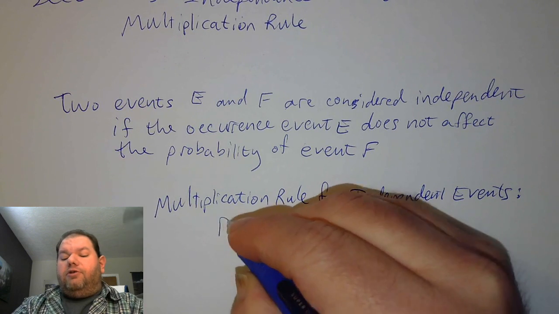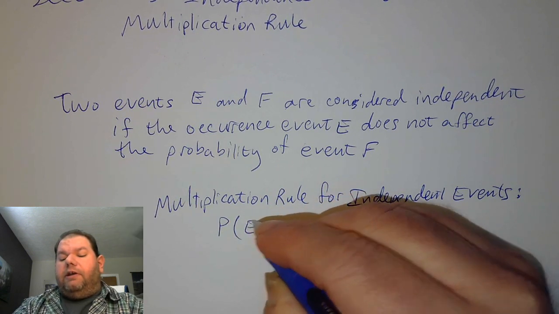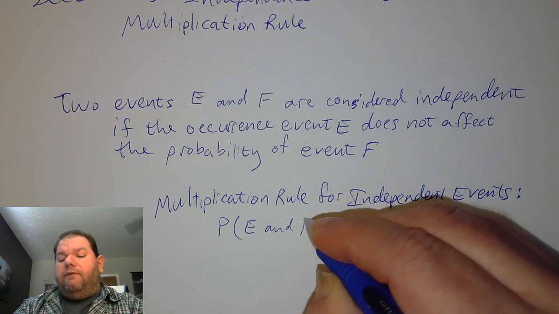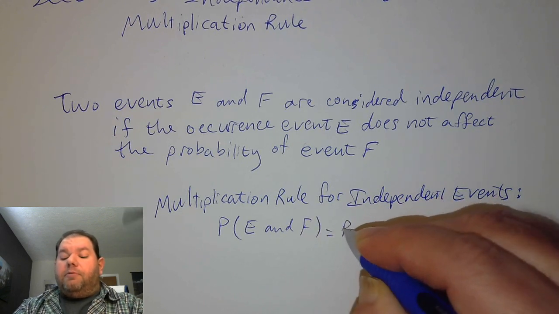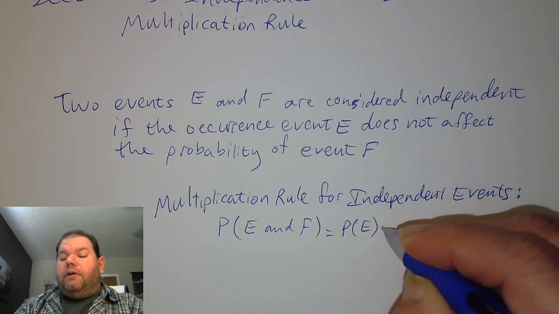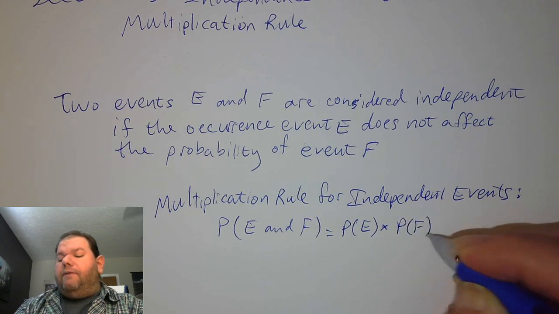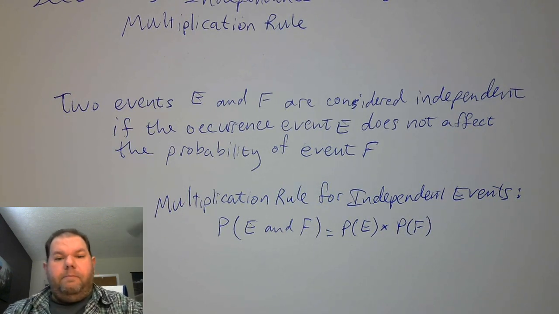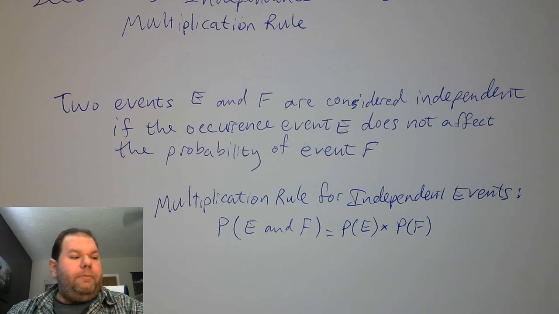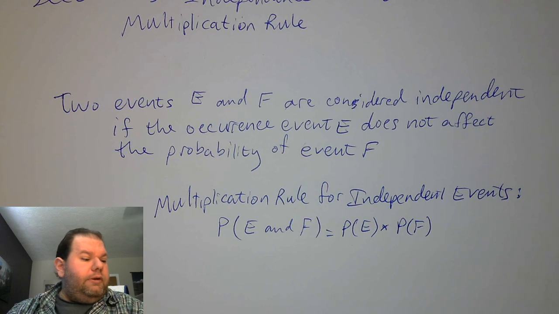And so we would have to show that probability of E and F is equal to the probability of E times probability of F.